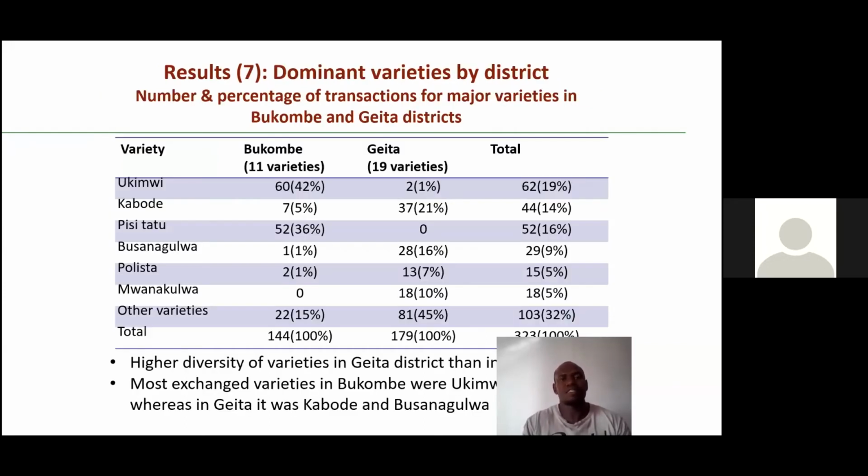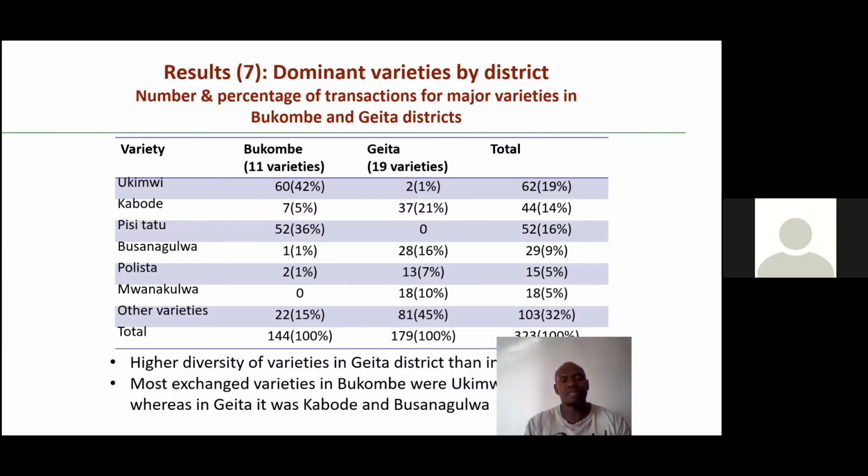Our seventh result is around the dominant varieties in each district. And here we see the number and percentage of transactions for major varieties in both districts. In Bukombe district, the main varieties, that's Ukimi, which had 42% of the transactions, and Pistatu, which had 6%. These are local land races.